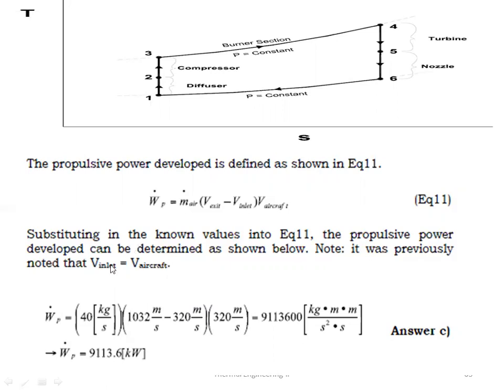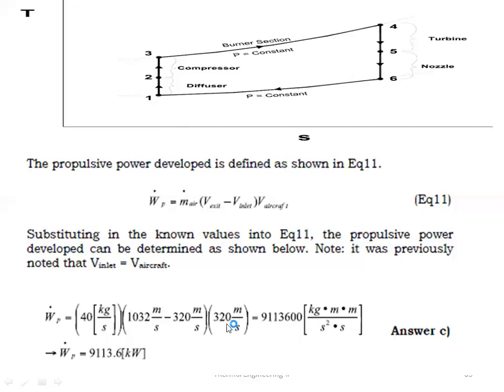So with that assumption, if substituted, the propulsive power W_P dot is equal to 40 into velocity of exit, that is 1032.6, minus velocity of inlet, that is the flight velocity 320, into the aircraft velocity, that is also the flight velocity 320 meters per second.